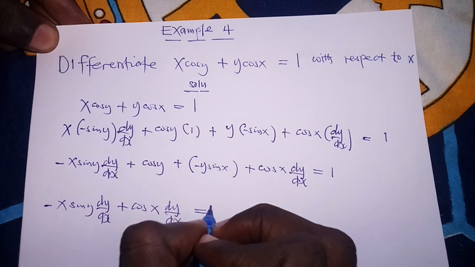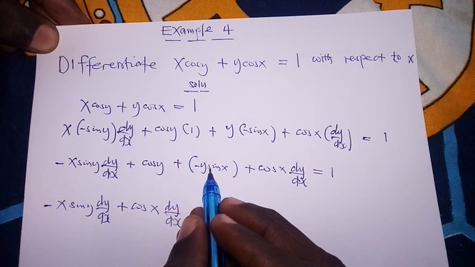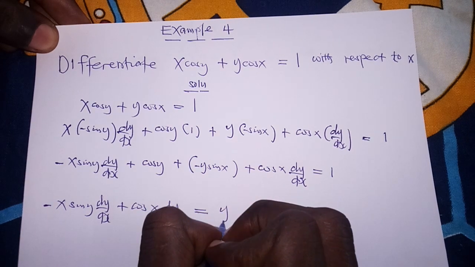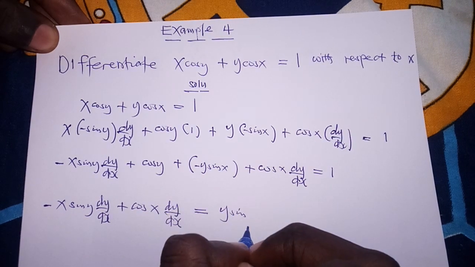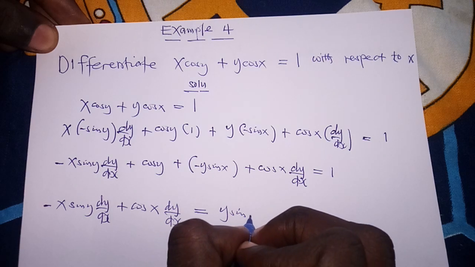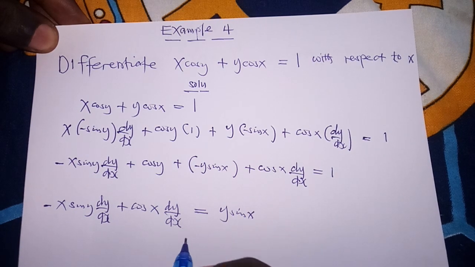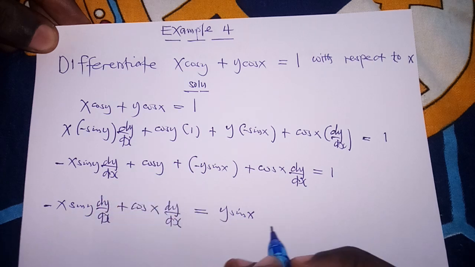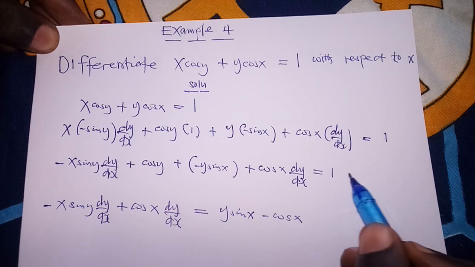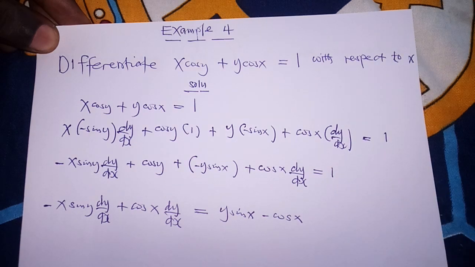Then everything becomes, when this one is moving to this other point, this is y sine x. When this one is moving, giving you minus cos x. And we know differentiating a constant, this constant becomes 0. Automatically it is 0. That's why I don't consider it in the next step.